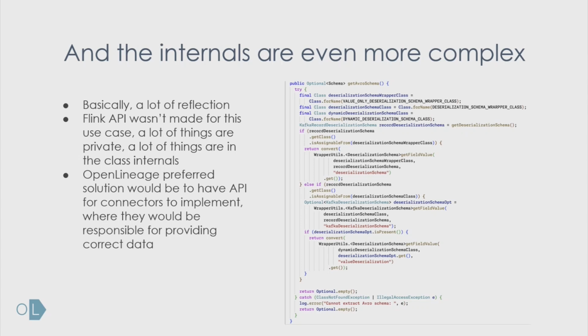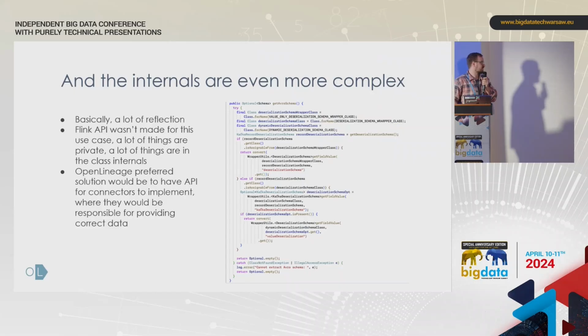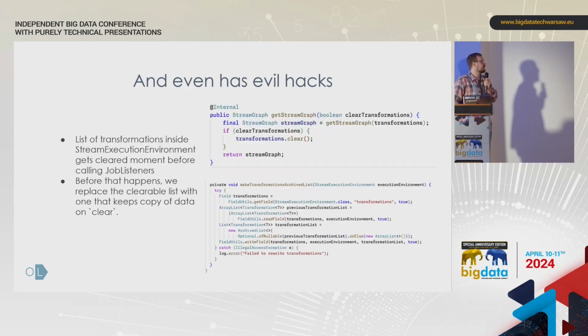So everything is private, and we have to work around a lot of those weird cases and just check if we can get some data, using reflection, basically. Those are class internals, and we would prefer to have a better API for that as well. And we have some very evil hacks.